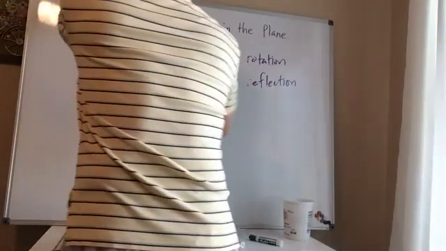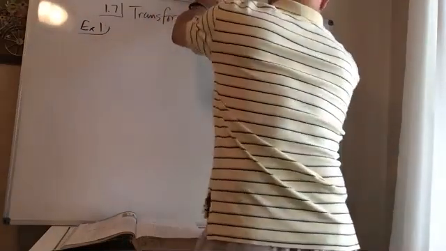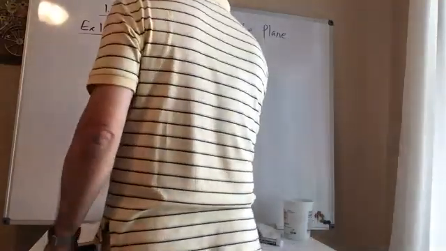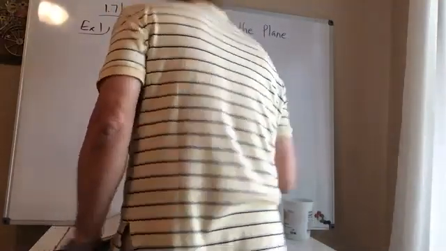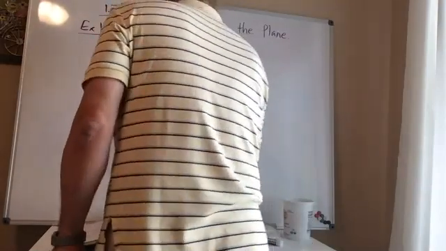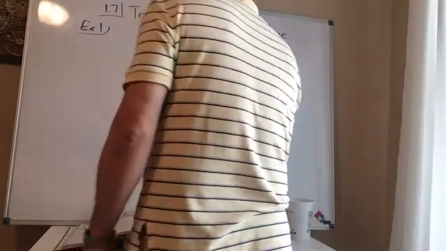Within example number 1, there's a B there. Look at the B, we have a rectangle that was initially like this, UTRS.